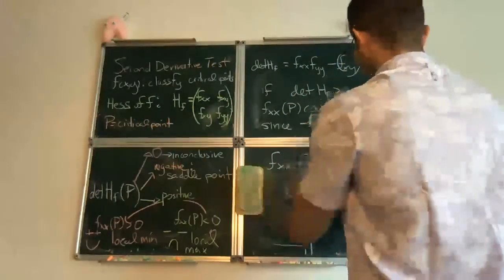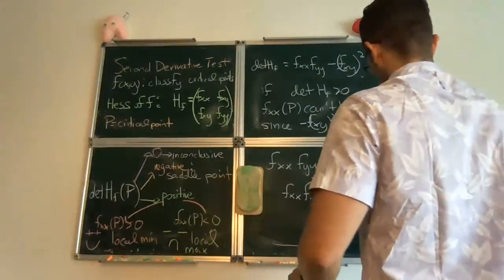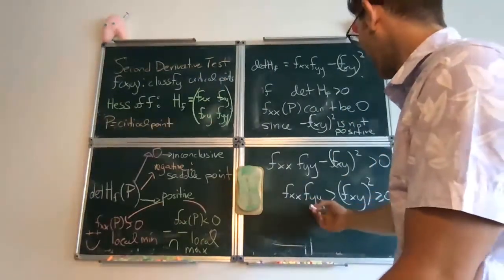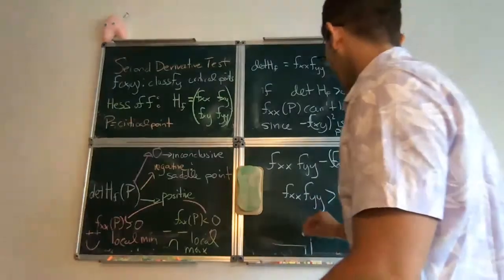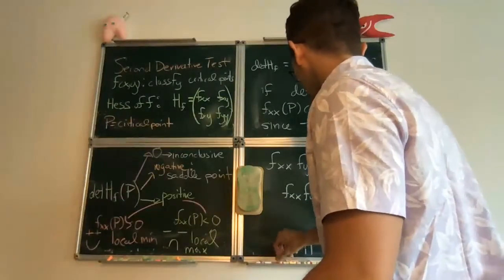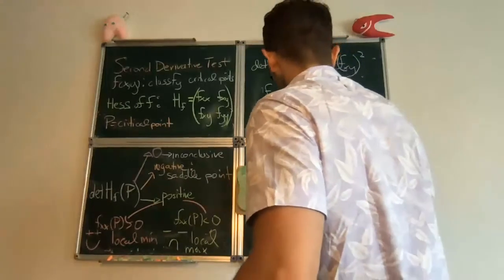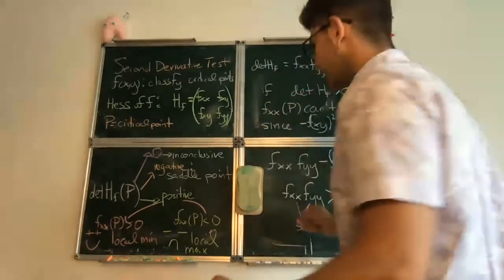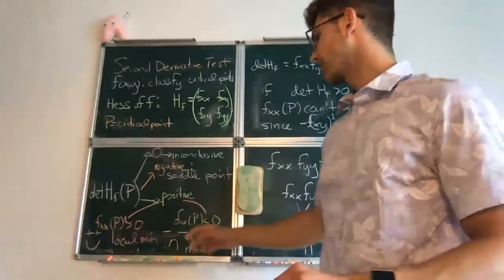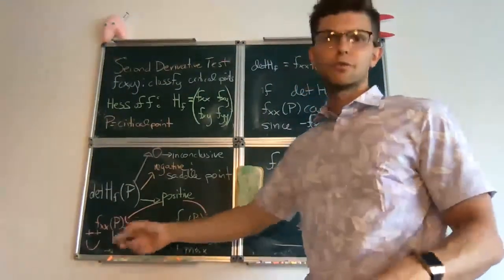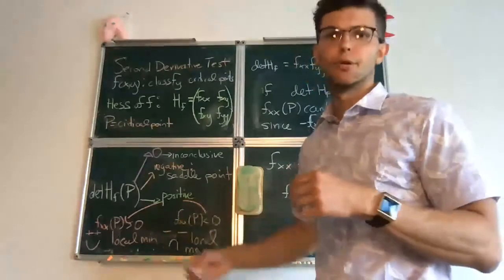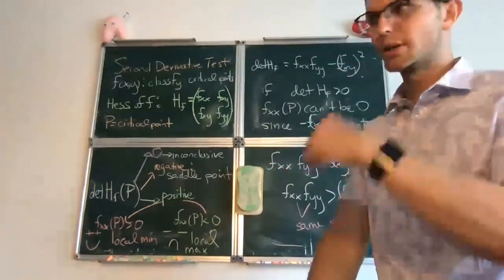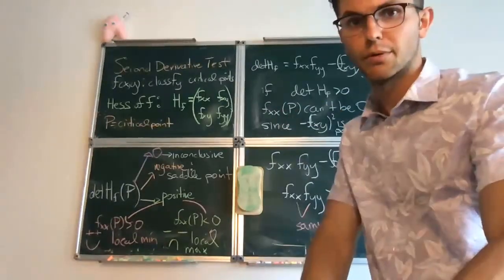And this is non-negative because it's the square of a number. And so that means that this product of two numbers is always non-negative. So that means that these two quantities always have the same sign. They're either both positive or both negative. And so that's why you can just analyze one of the two here. Okay? So in the next video, I'll do an example so that you see what's going on more concretely.